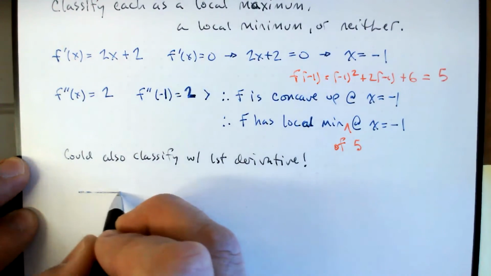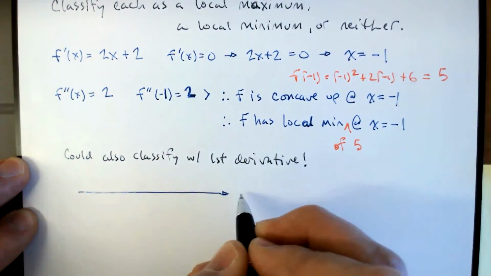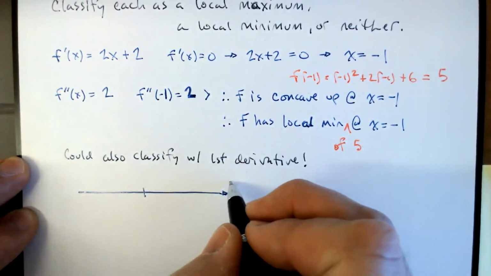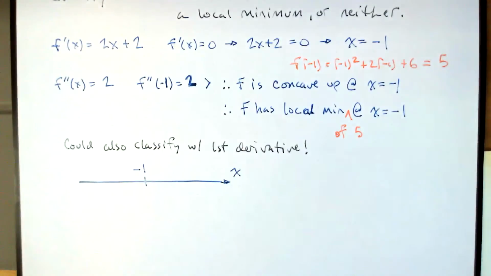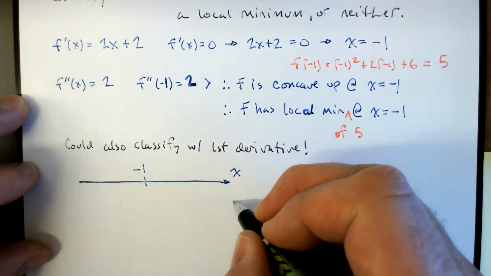So we could make a number line, see that the critical points split the number line where the first derivative is 0.